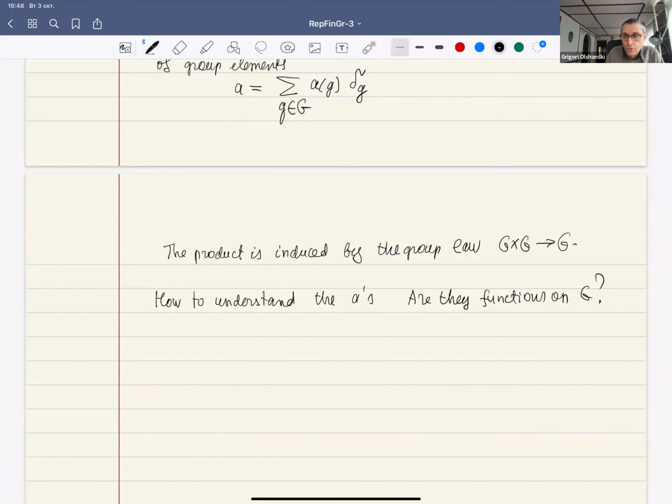Because actually, one must think of the elements of the group algebra as measures, not functions.